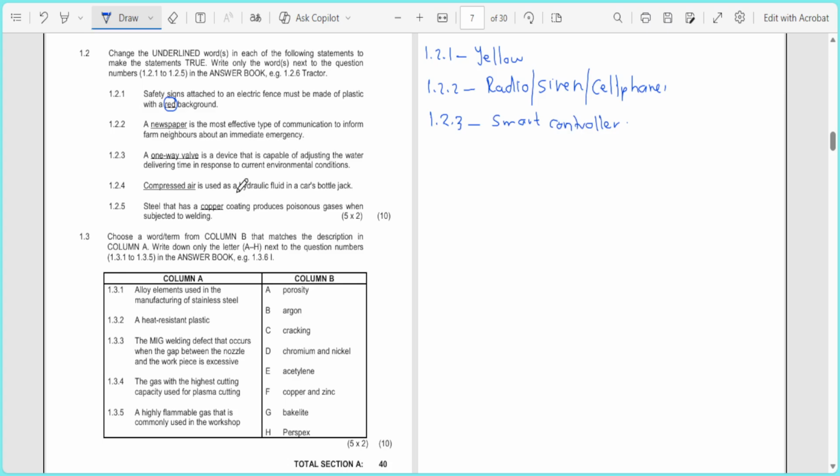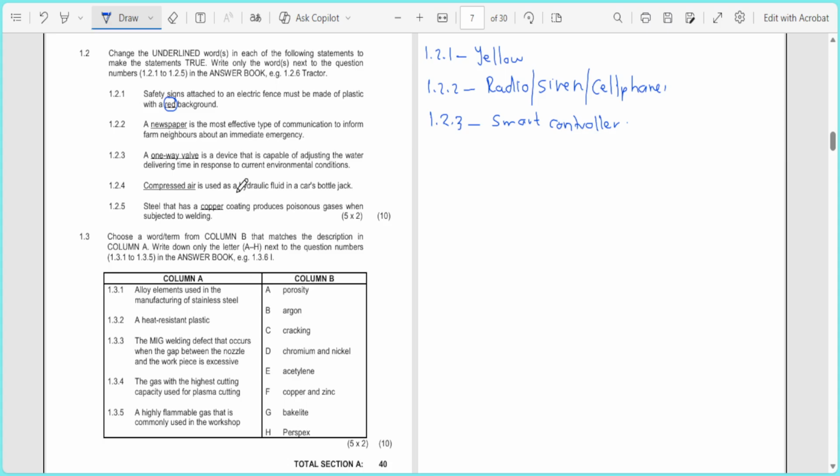Okay, so a smart controller, I think it's going to be a device that is more capable of adjusting the water delivering time in response to the current environmental conditions, right?